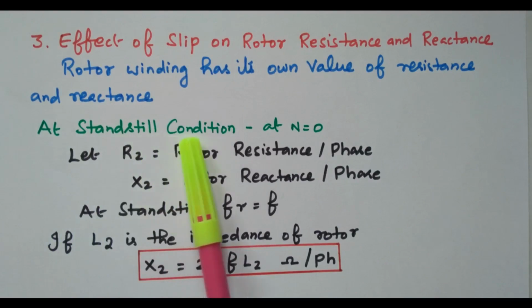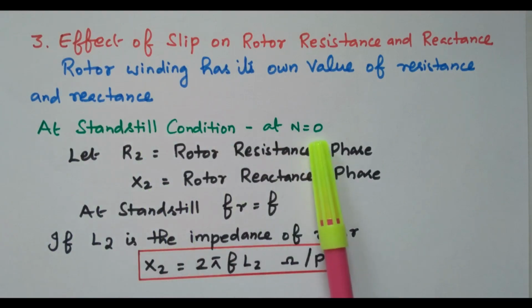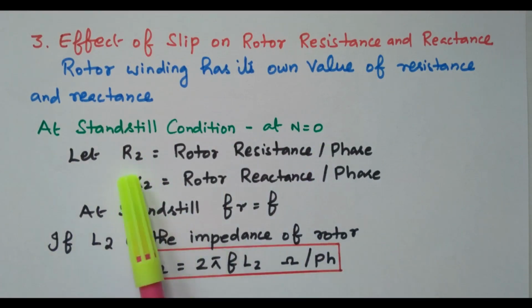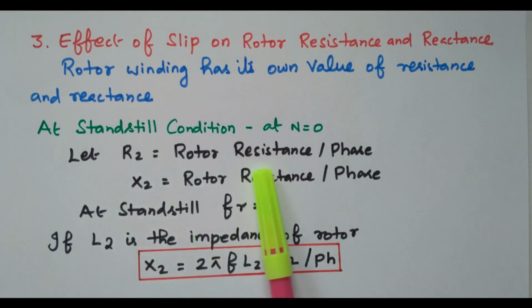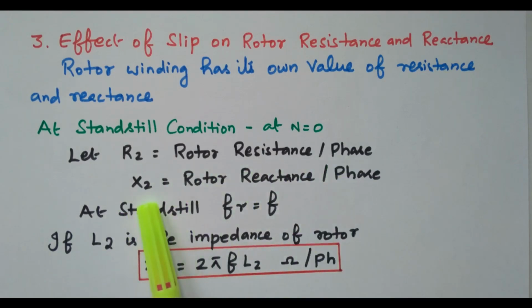At the starting condition, standstill condition, N equal to 0. We take R2 as the rotor resistance per phase and X2 as the rotor reactance per phase. Right. So at standstill, FR equal to F. Supply frequency and rotor current frequency both are equal. If L2 is the inductance of the rotor, we can write X2 equal to 2 pi F L2 ohm per phase.